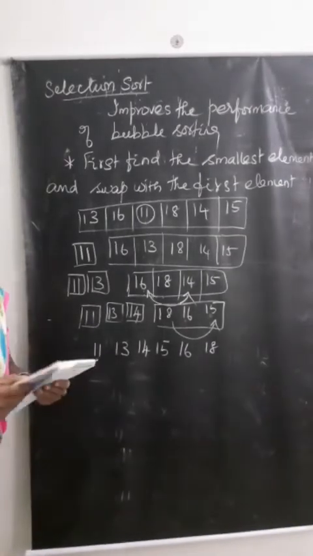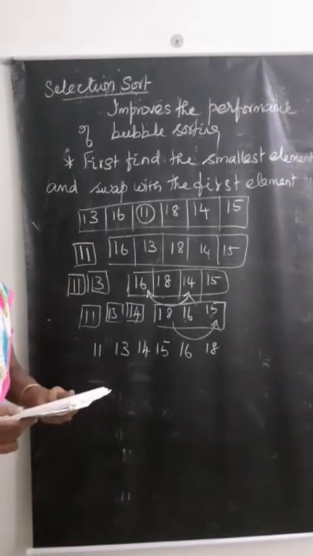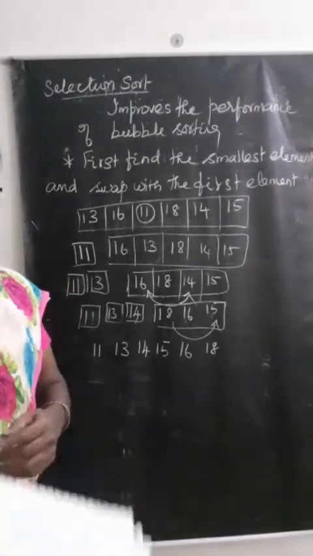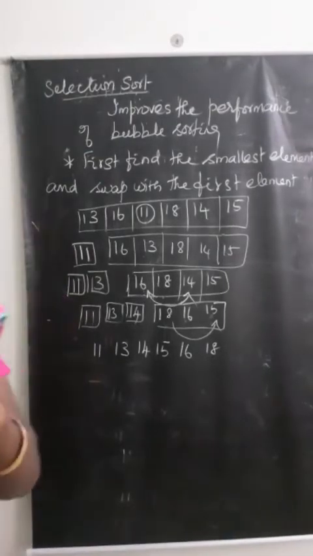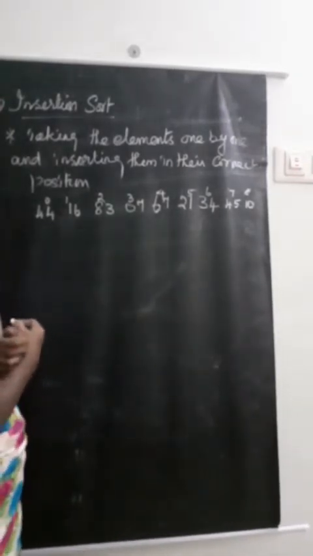Then the next sorting is called insertion sort. Insertion sort is the third sorting. First we saw bubble sort, then selection sort, then insertion sort.